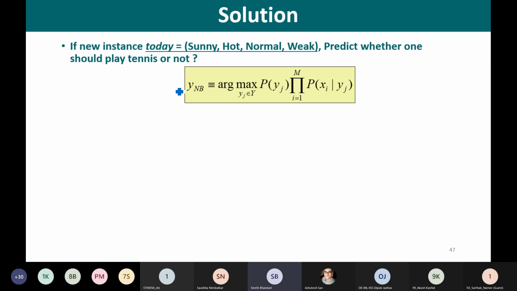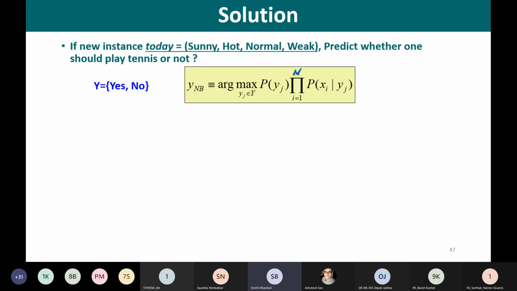Now, we have this expression for the Naive Bayes Classifier. YNB is given as argmax over yj belonging to capital Y, probability of yj, product over i equal to 1 to n, where n is the number of attributes, of probability of xi given yj.